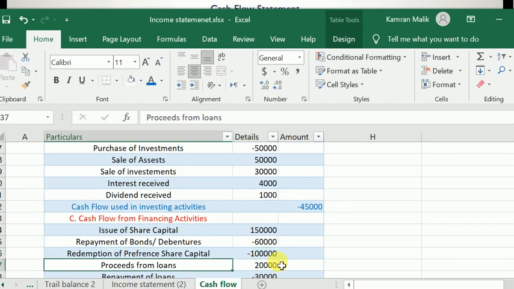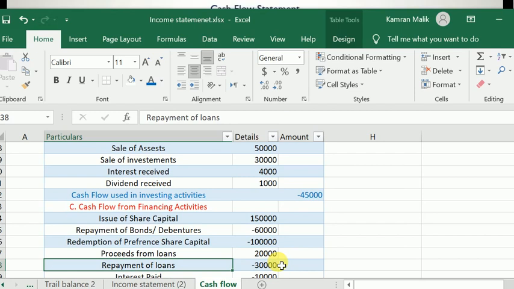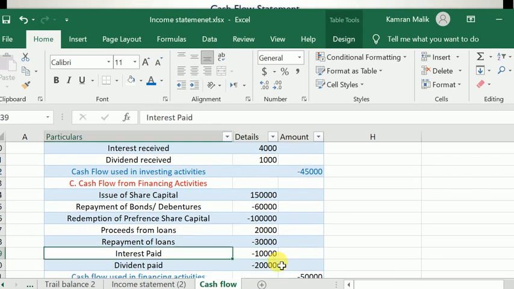Proceeds from loans, we have taken loans from somebody, so we have received money. Repayments of loan, we paid back, so that is the outflow. That's why it's minus. Interest, we paid interest, it's minus, you see. We paid, that's the outflow. Dividend, we paid on the shares and debentures, it is on the minus side, right?